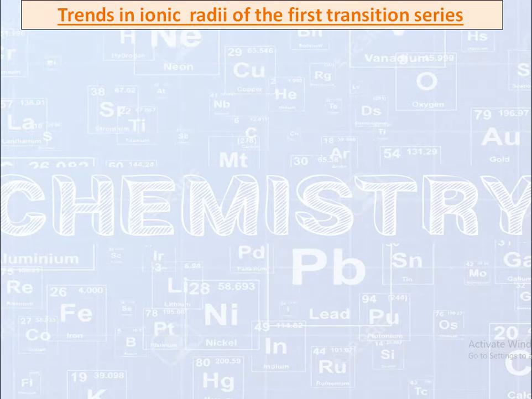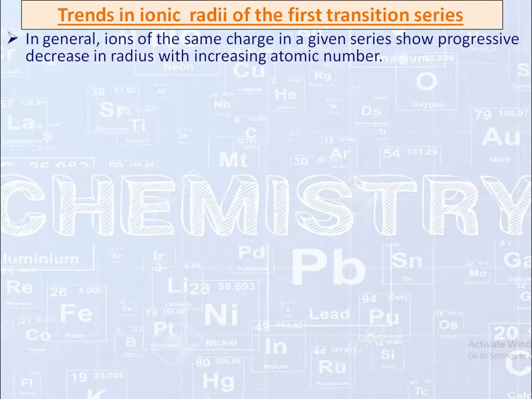When we move from left to right, ionic radii also decrease. So we can say that ions of the same charge in a given series show a progressive decrease in radius with increasing atomic number. We know that transition elements have variable oxidation states.